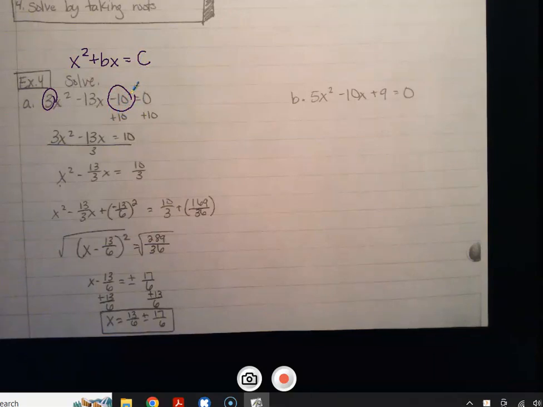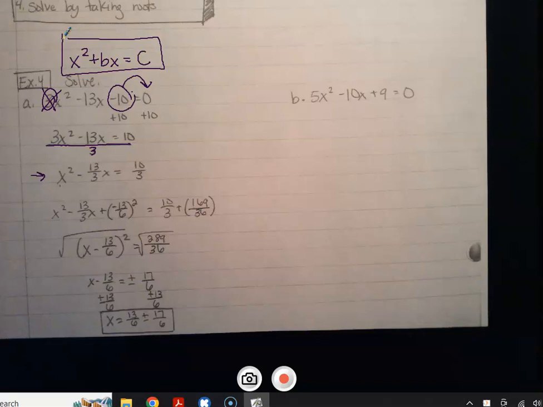So one, we have to move that to the other side, so we add 10. And then we have to divide by 3 to get rid of this. We divide the whole equation by 3, because if we do it to one side, we do it to the other. That ends up getting us to this step, which is x squared minus 13 thirds x equals 10 thirds. So now we have it in the right form.